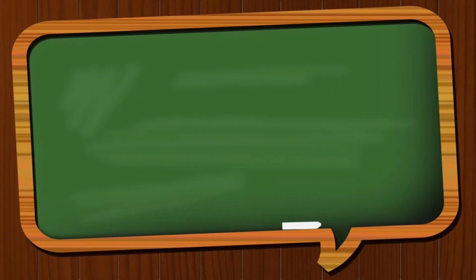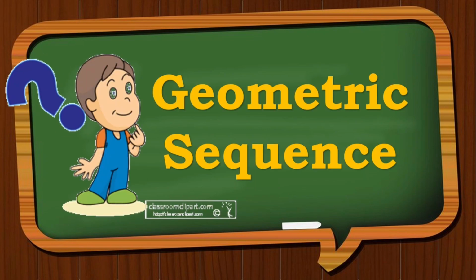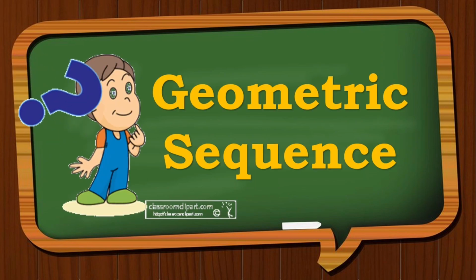Okay, just like what I have said earlier, there are two common types of sequences that you are going to encounter in this video, and those are arithmetic sequence and geometric sequence. Since I already discussed everything about arithmetic sequence, let us now proceed with geometric sequence.